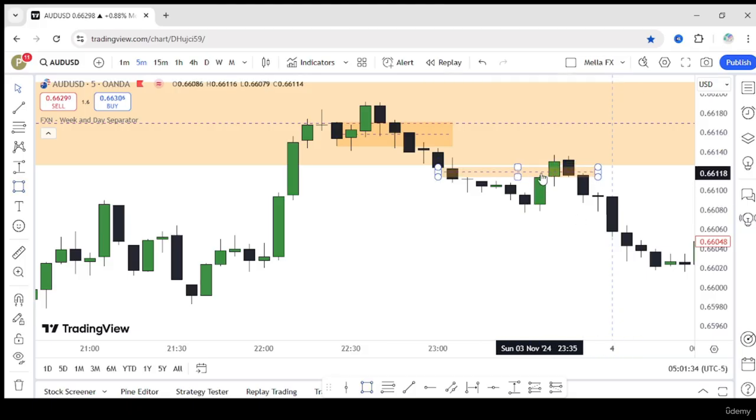So the market hit this imbalance and also drove into the equilibrium point. Then the market started dropping lower. So this is the opportunity that we have.